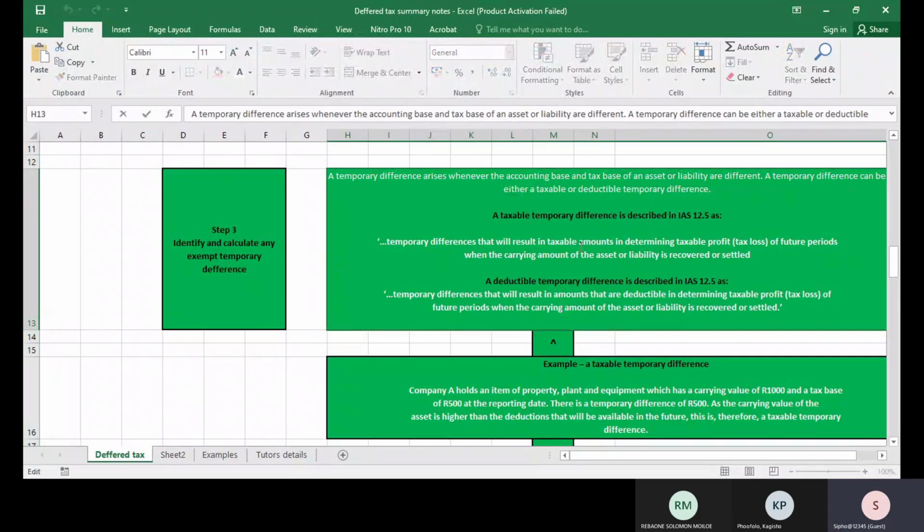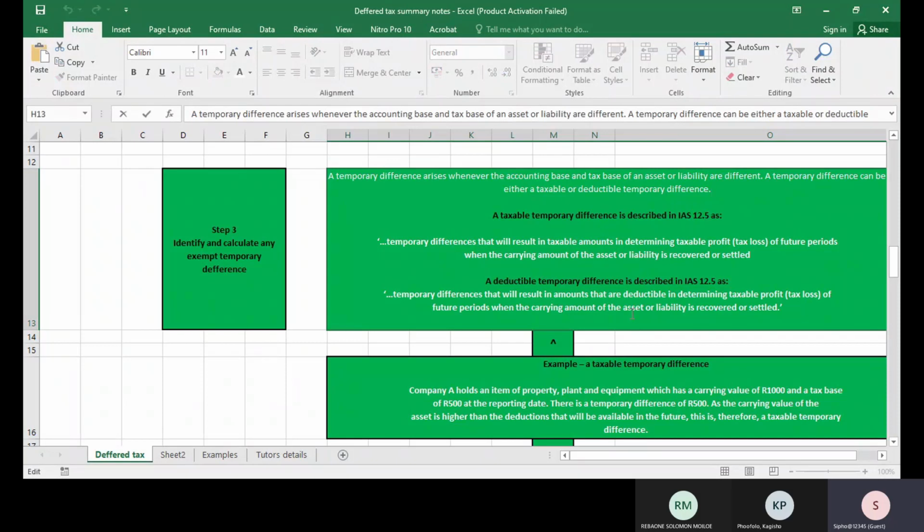A taxable temporary difference is described in IAS 12 paragraph 5 as a temporary difference that will result in taxable amounts in determining taxable profit or tax loss of future periods when the carrying amount of the asset or liability is recovered or settled. You'll see that when we do the example. This definition is just explaining what a taxable temporary difference is.